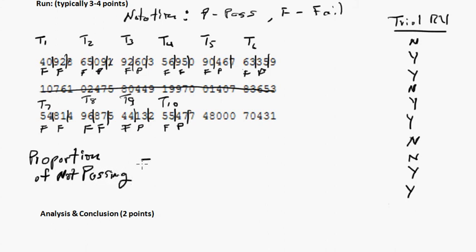Make it clear what you're computing: 1, 2, 3, 4, 4 out of 10. Okay, so 0.40 or 40%.